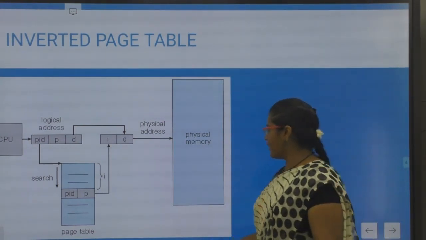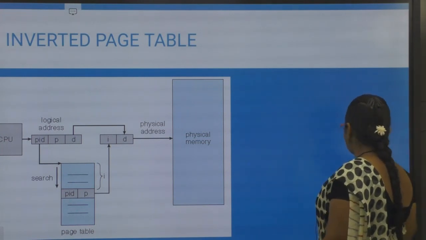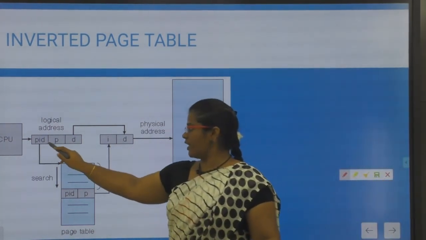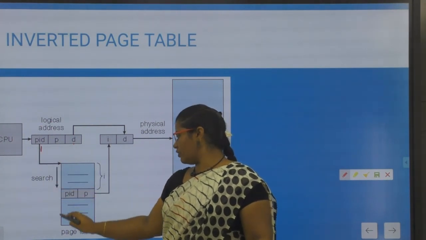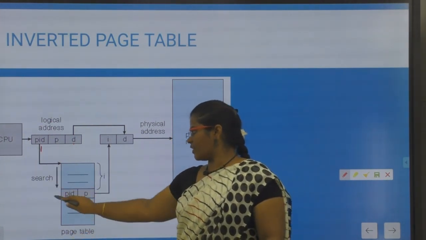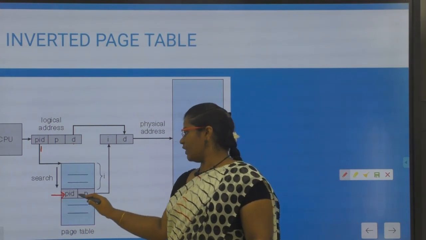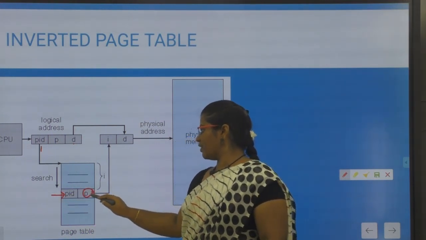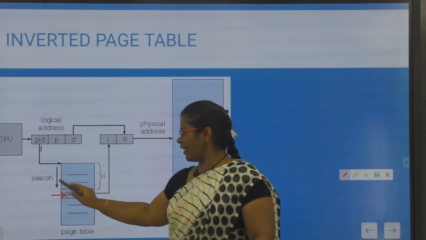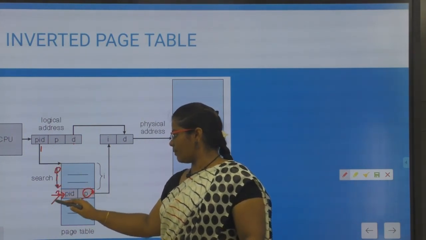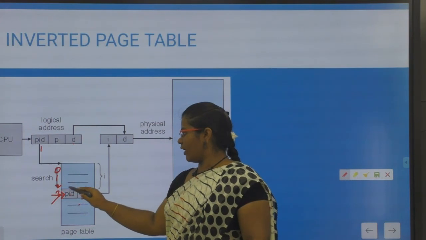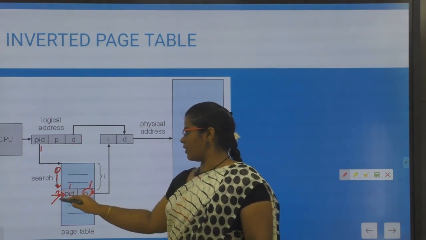If you observe here, the CPU will generate the logical address with process ID, page number and offset. This process ID and page number are searched in the inverted page table. For this process ID, that particular page is stored in some frame. The frame number will be your index 0, 1, 2. If 3 is your frame number, process ID 1, page number 1 is stored in frame 3.